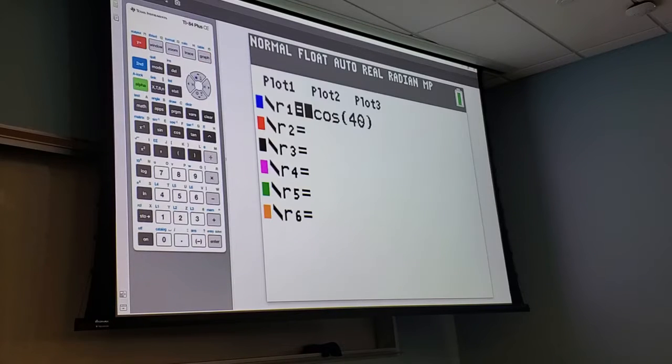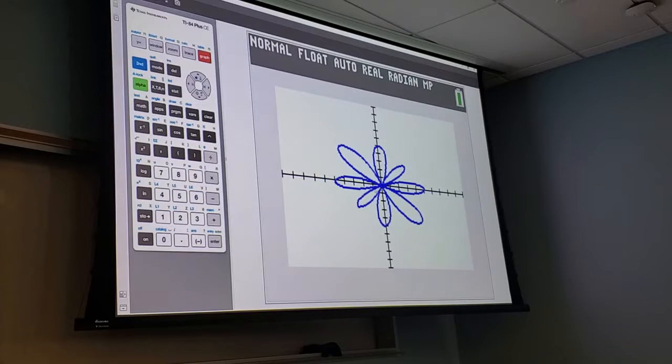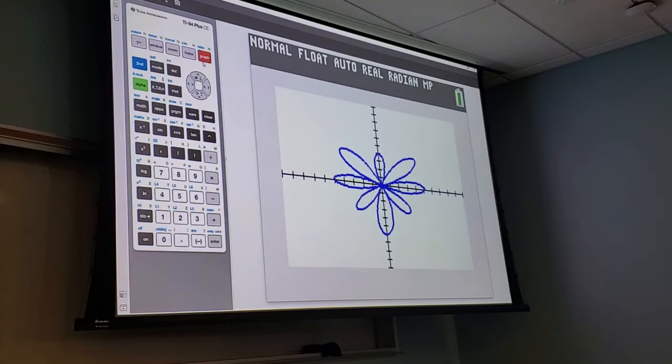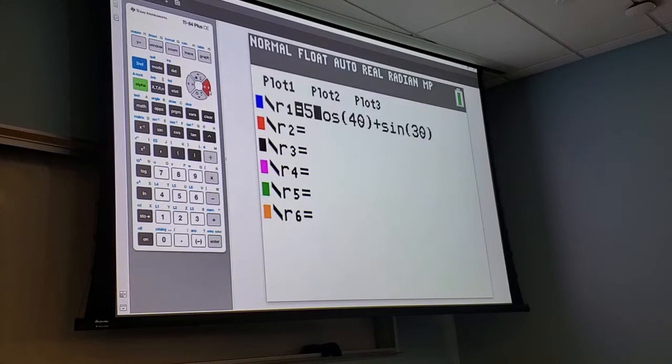Real quick, watch what happens if I do something like this. Plus sine of 2 theta. You get some funky stuff happening, see that? It's not as symmetric as it was before. All right, so what if I make this odd? Nifty. I don't know if you guys are doing okay up there.